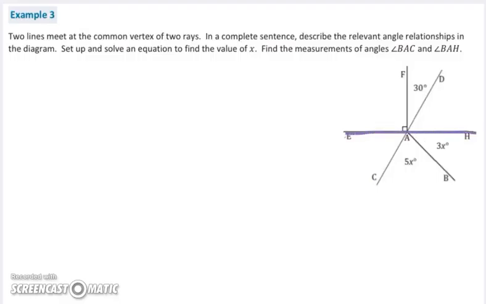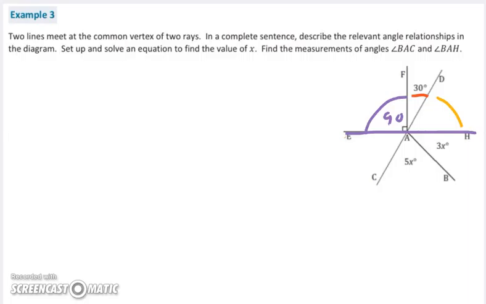And I do see some angles on that line. Okay. Well, we've got this chunk here. That's 90. We also have this chunk, and that's the 30. And then we have this guy right here. We don't know what that is, but we can find it out.